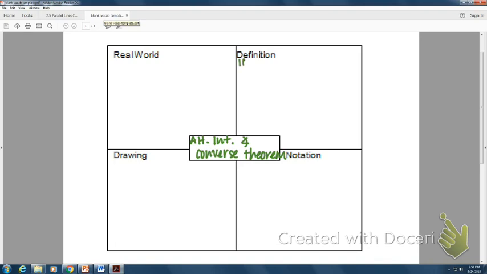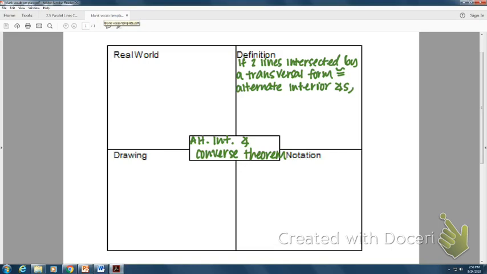Okay, if two lines intersected by a transversal form congruent alternate interior angles, then the lines are parallel.